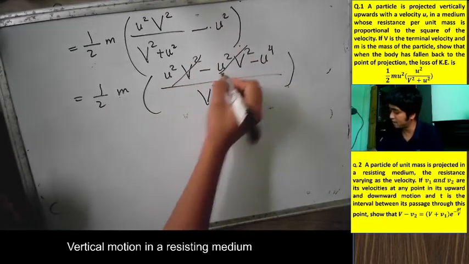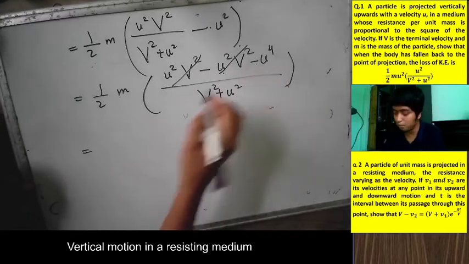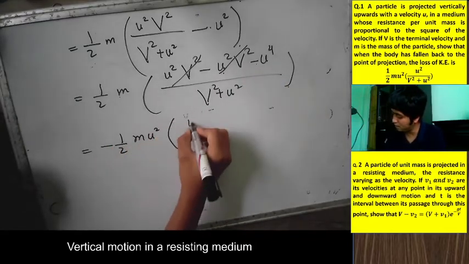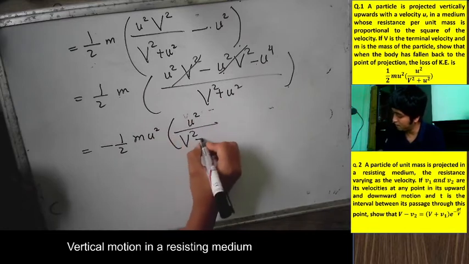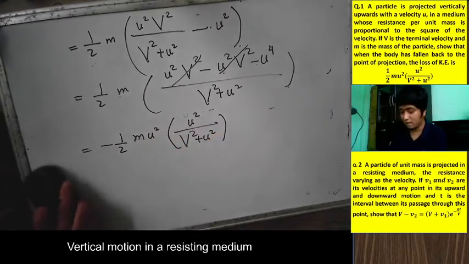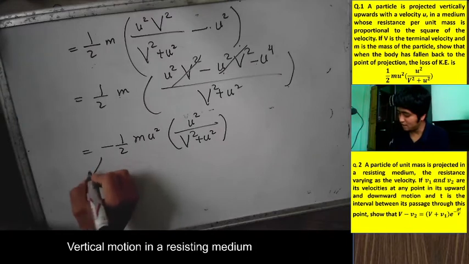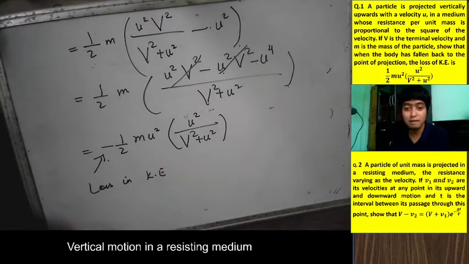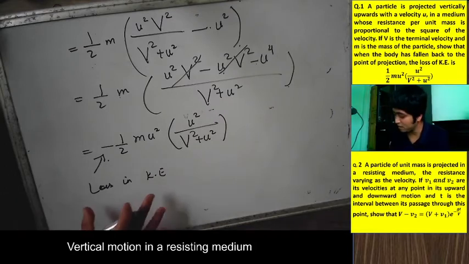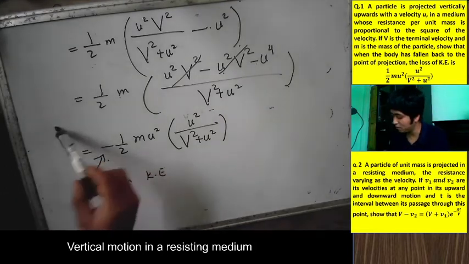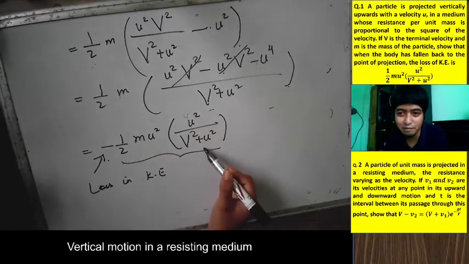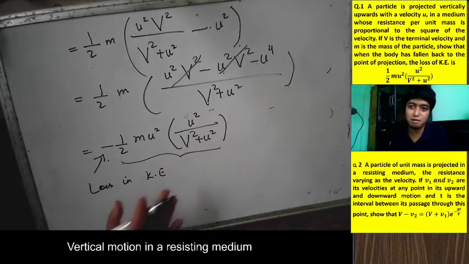This one and this one will get cancelled. Minus u power 4, we can write it as half m u square over v square plus u square. The minus sign indicates that there is a loss in kinetic energy. Hence, we are done. The loss in kinetic energy is equal to half m u square upon capital V square plus u square. So this is all for question number 1.